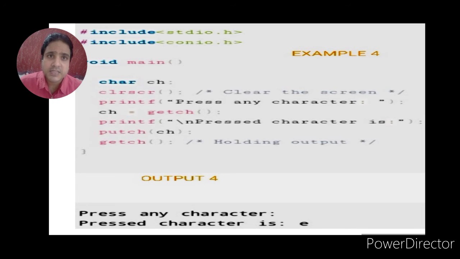If ch contains the character value from the getch function, putch can print the character using only ch without the format specifier. We can print using the printf statement with the format specifier, but in the case of putch, there is no specifier required, such as %c. So this is the example. Here the output will be shown.